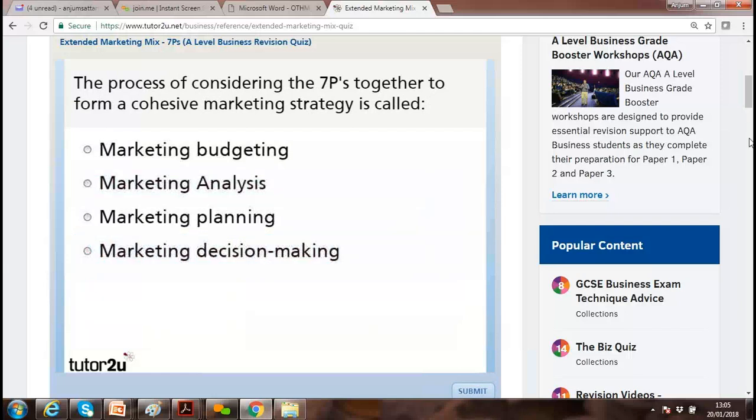Next, the process of considering the 7 P's together to form a cohesive marketing strategy is called: market budgeting, market analysis, market planning, or marketing decision making. Which one do you think?